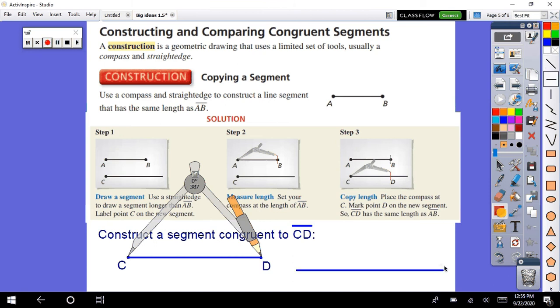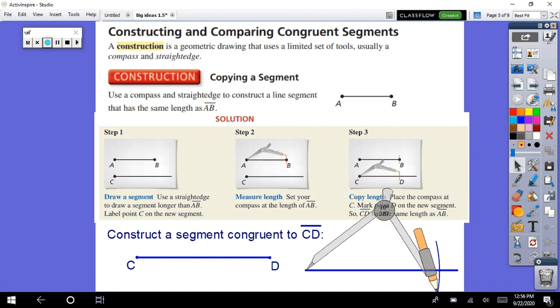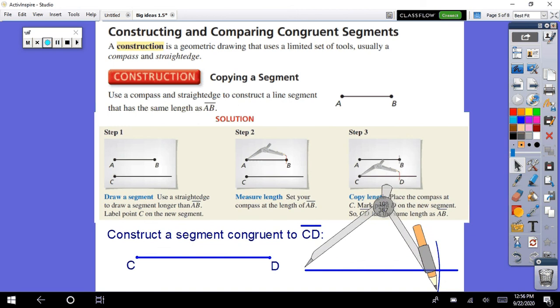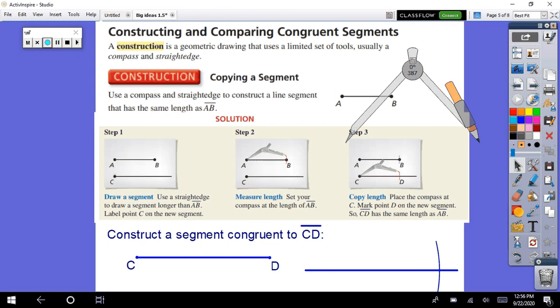Draw a ray that's longer than that. And then bring down your compass to the new point, and you can guarantee that this length is the same as this length. So a compass is a more precise way to measure than a ruler, because sometimes you have to go in between the dashes of a ruler.